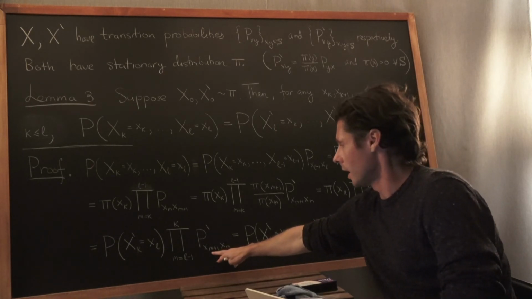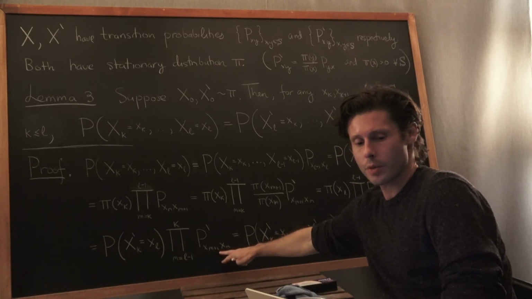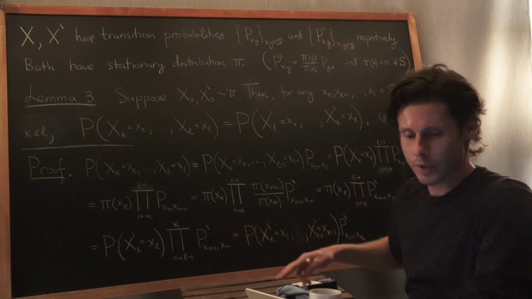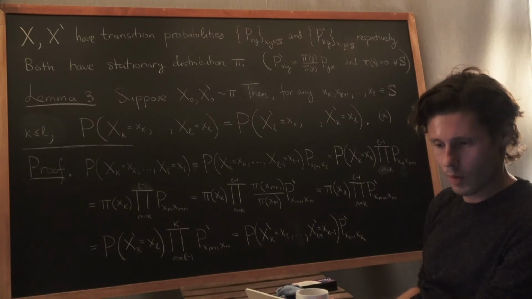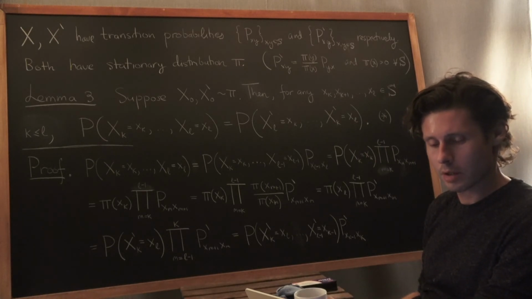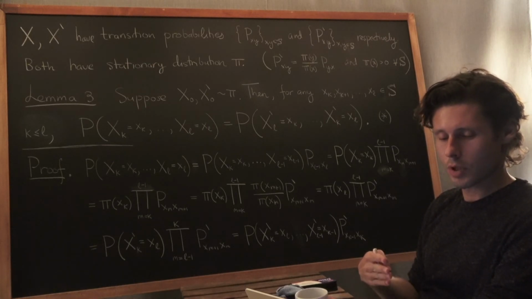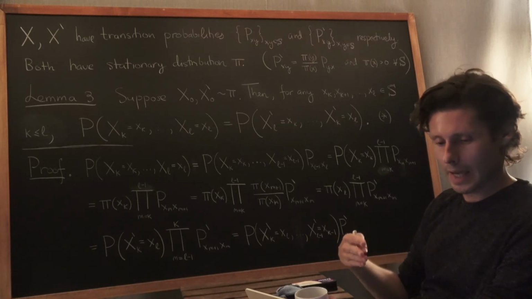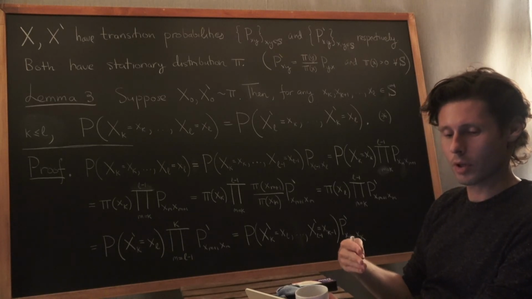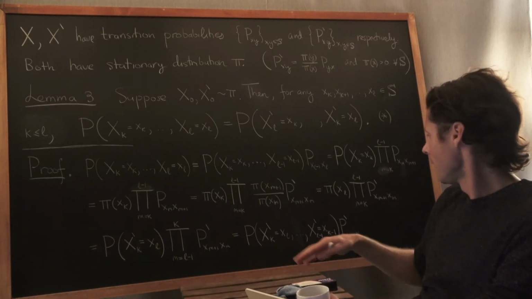It's saying that the chain is moving from x_{m+1} to x_m, but it's not saying at what time, and you get to pick. Why is that? Because the chain is time homogeneous, so it doesn't matter what time it was. The one-step transition probability applies at any time, because the Markov chain is time homogeneous.